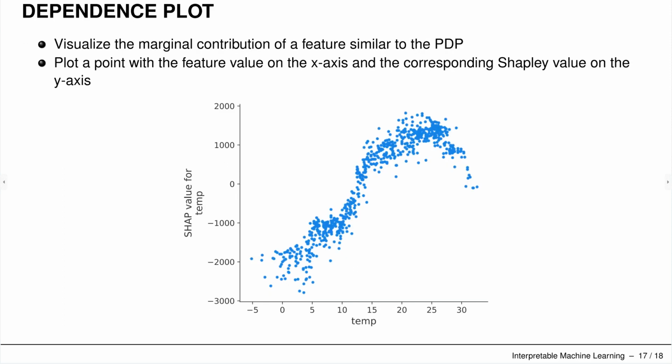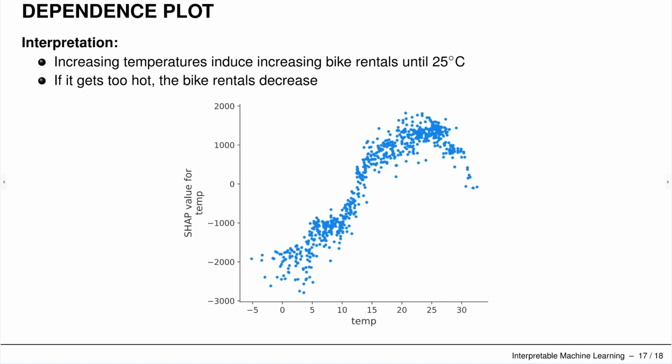We can also plot a dependence plot. We plot a feature, here the temperature, and the SHAP value on the vertical axis. This gives us the information that for increasing temperatures, the SHAP values are higher. So more bikes are rented, and the effect on the bike rental is positive.